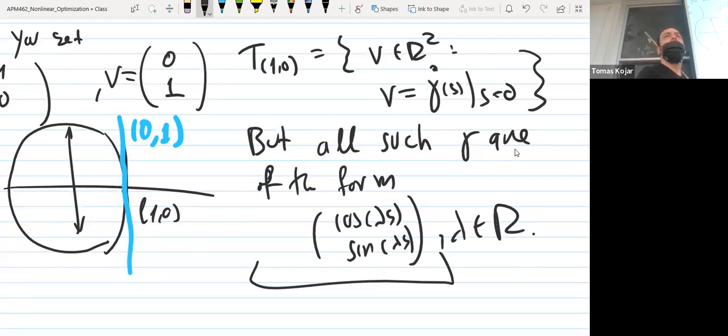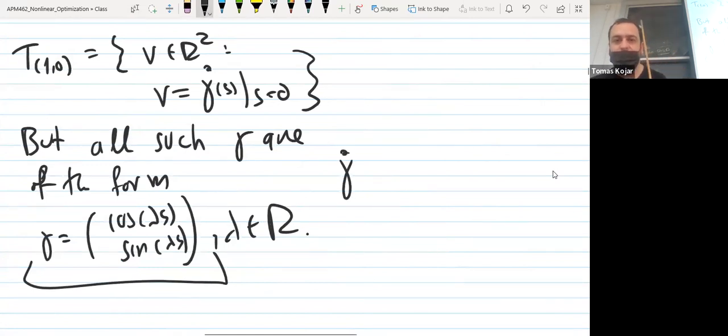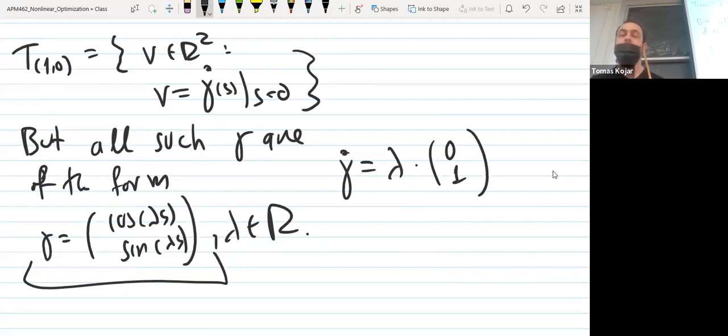Is that okay? So this is all possible gammas. And then doing what I just did before, gamma dot would be equal to lambda times 0, 1. Is that okay? Then this is nothing else but the span of 0, 1.